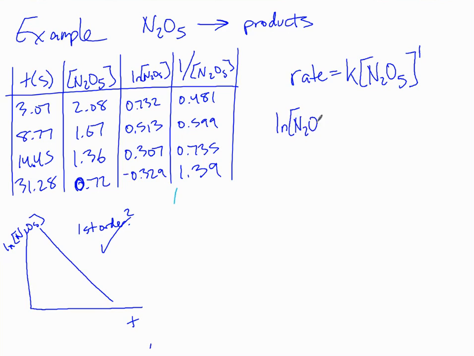Natural log of N2O5 at time t minus the natural log of N2O5 at time 0 equals negative kt. As long as you put in the N2O5 instead of A, now it's the integrated rate law for this reaction.